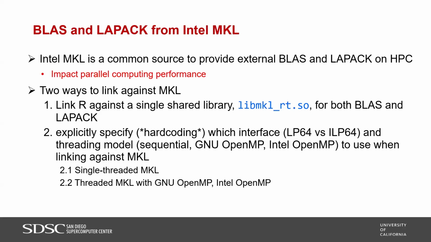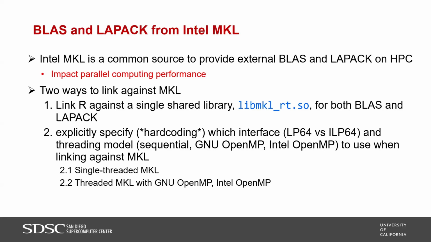Okay, so next, the BLAS and LAPACK build is the key we need to understand today. Intel MKL is a common source to provide external BLAS and LAPACK on HPC. Those two libraries will impact the parallel computing performance of R on the HPC.